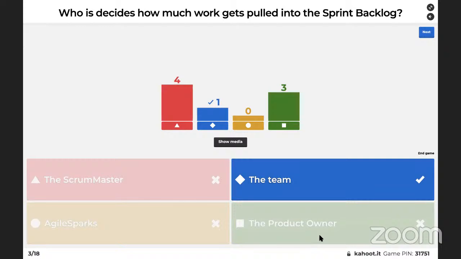That is why the team decides how many backlog items should be pulled into the sprint backlog. And the Scrum Master, no. Because the Scrum Master is also a member of the Agile team, he cannot simply decide how many features and bugs need to be added to that backlog. So it's always the team.